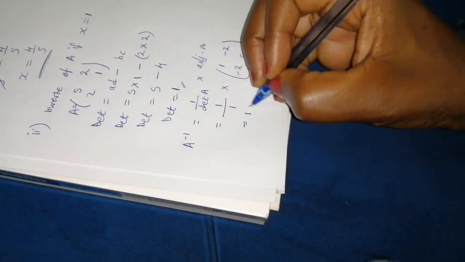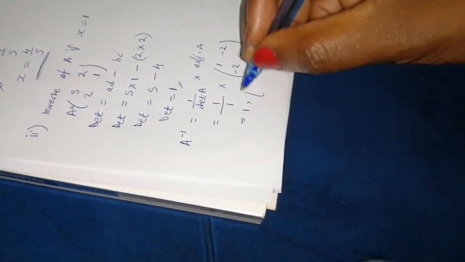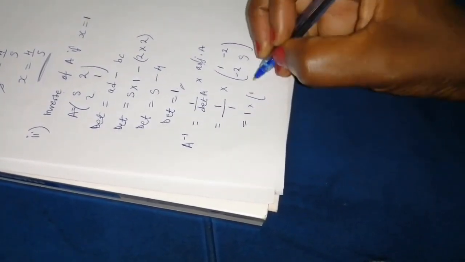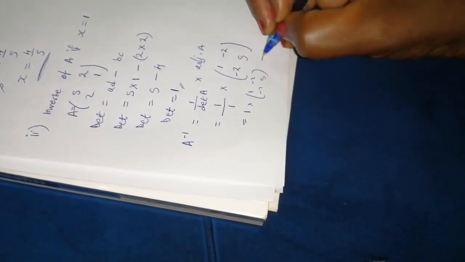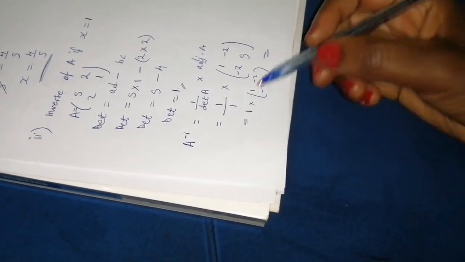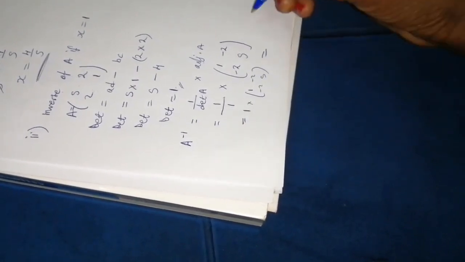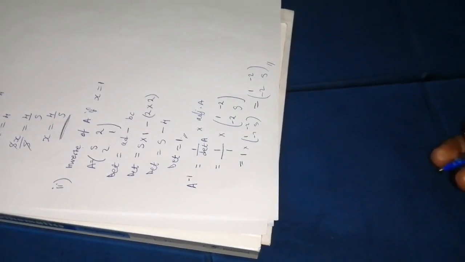Okay, 1 over 1 is simply 1. When we multiply this number by the matrix, we'll simply have the same figures. 1 times 1 is 1, times -2 is -2. So we have 1, -2, -2 there, and 5 there. So this is the inverse of matrix A when x is 1.